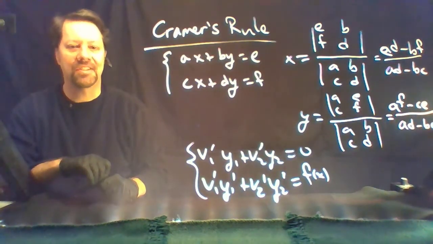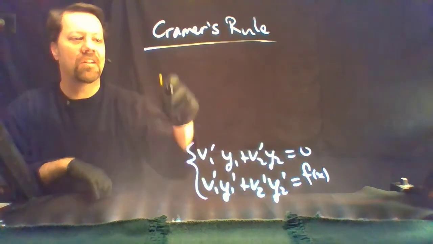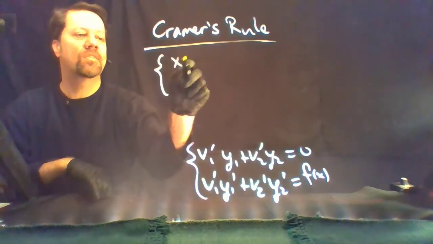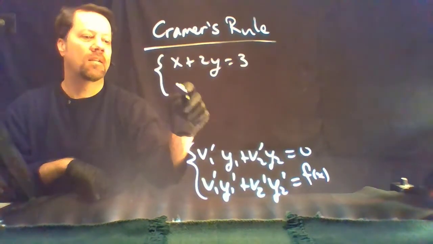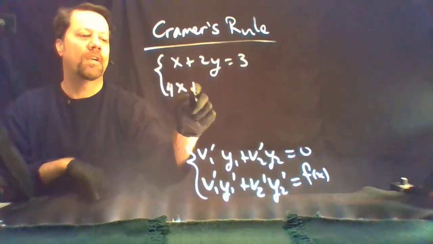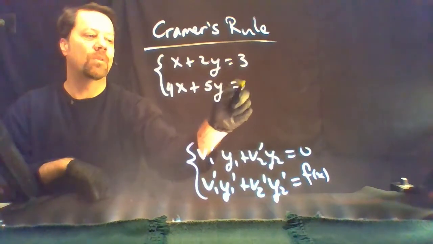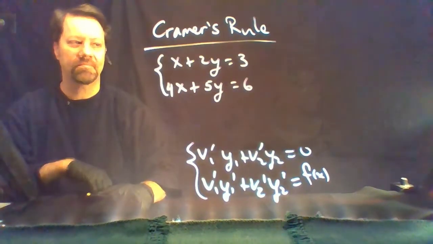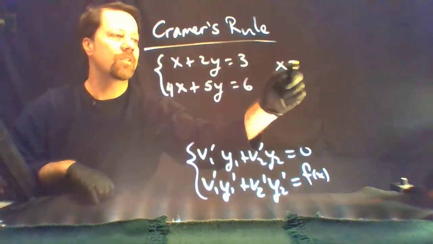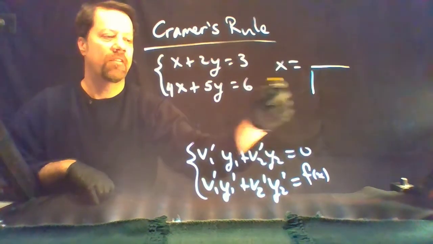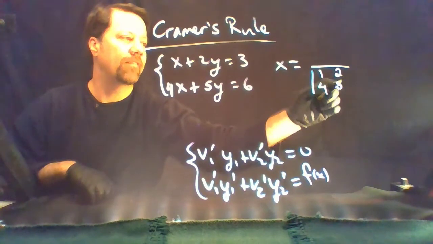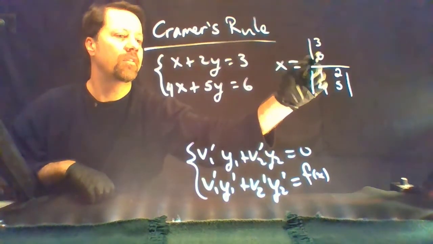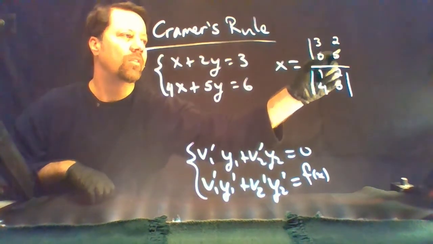Let's see this in action. Consider the linear system of equations x plus 2y equals 3, 4x plus 5y equals 6. According to Cramer's Rule, the solution for x has a denominator 1, 4, 2, 5 like this, the numerator 3, 6, 2, 5.